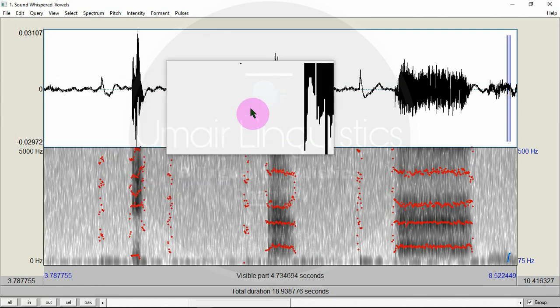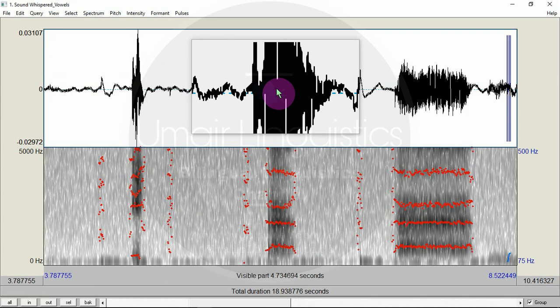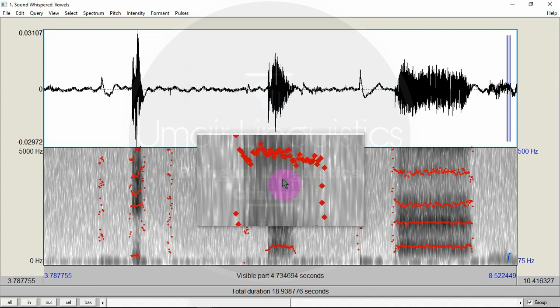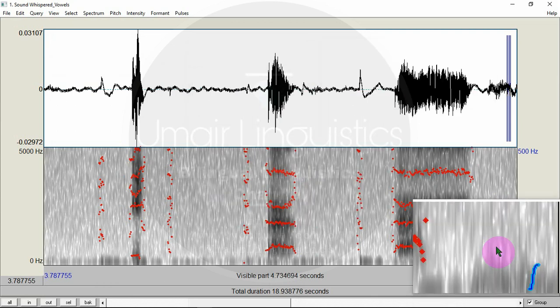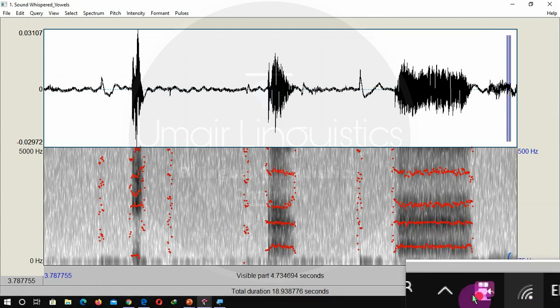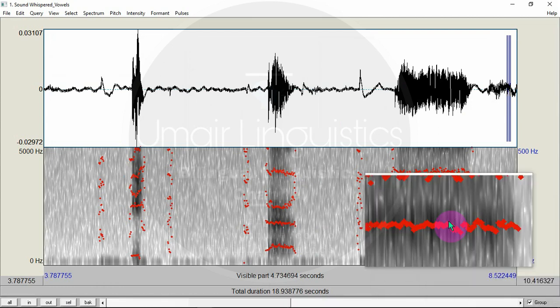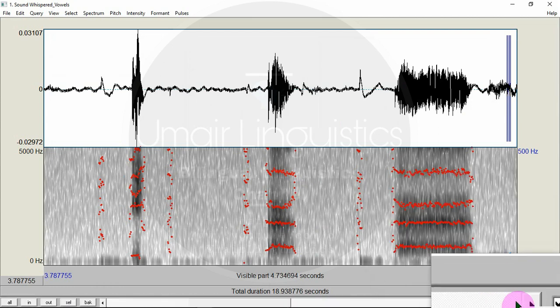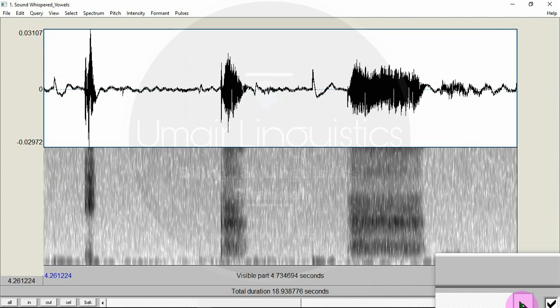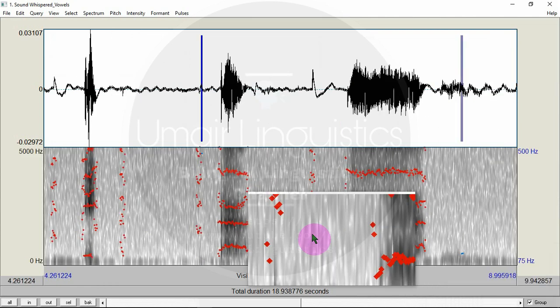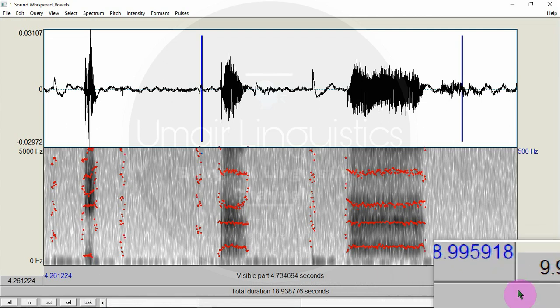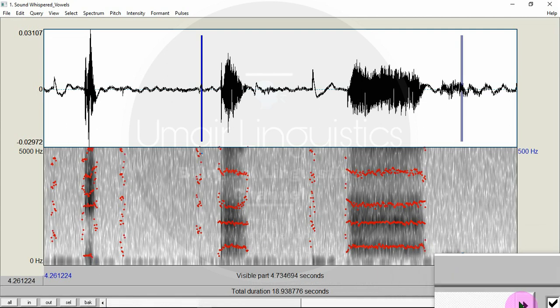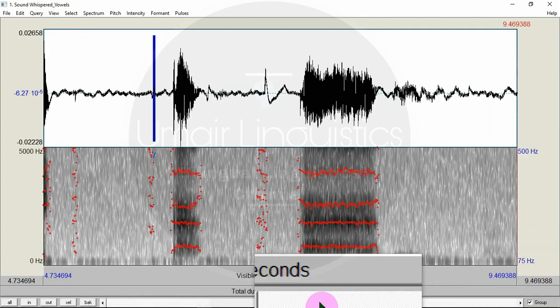Then we have E, A, and then we have A, and for A the pitch is just here. Sorry, not here. It is not appearing very much here, but maybe I have to just show you the last vowel.